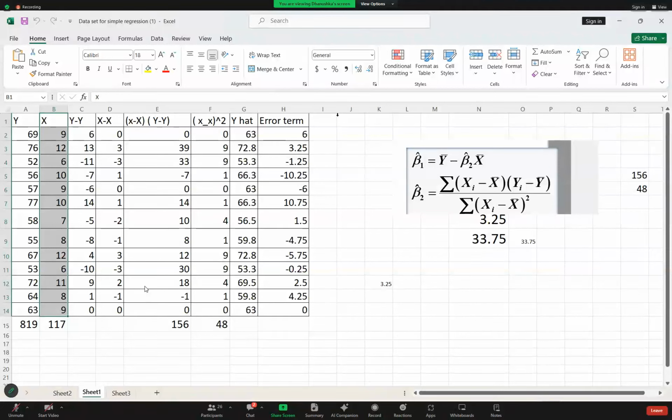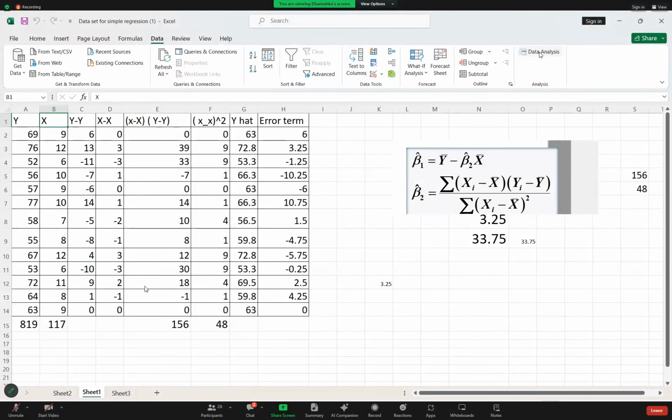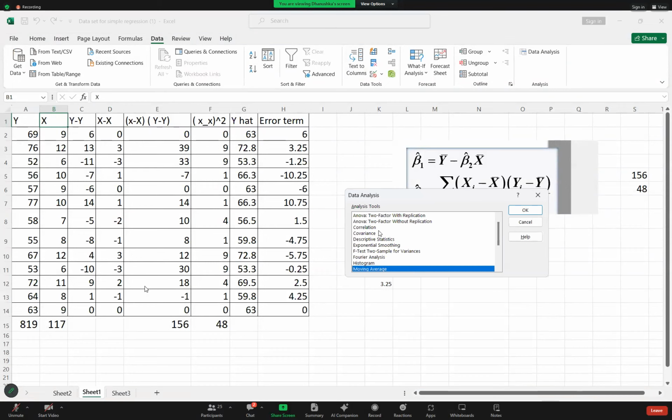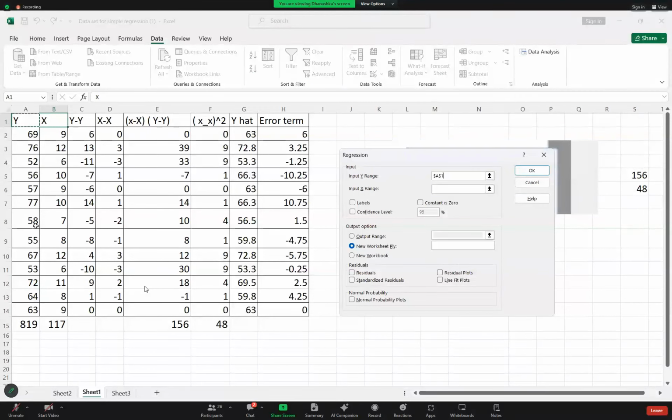Okay, now here you can see a data set, Y and X. Let Y stand for supply, X stand for price. Then you can run a regression model: data analysis, then regression, then the input variable Y, input variable X, then okay.